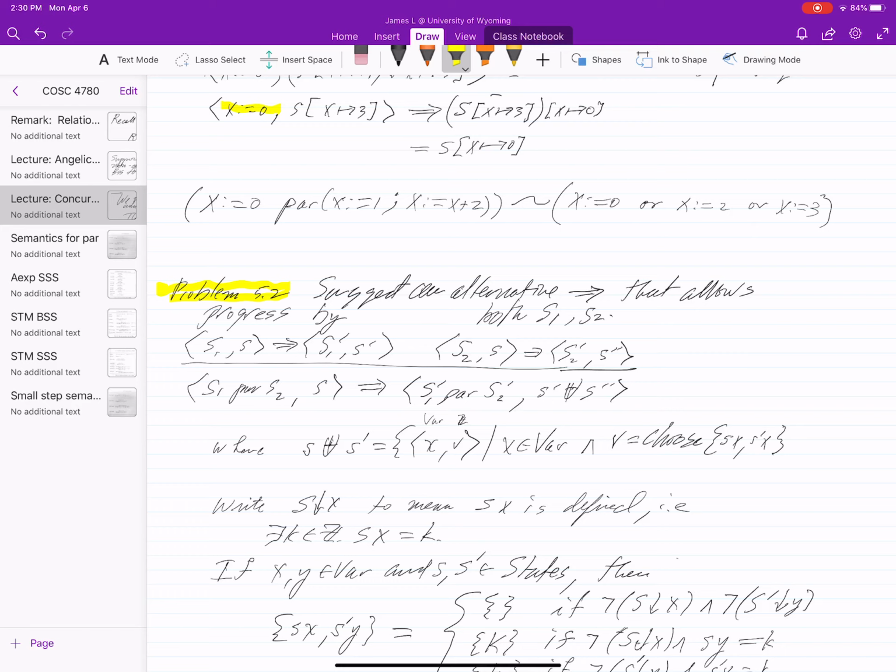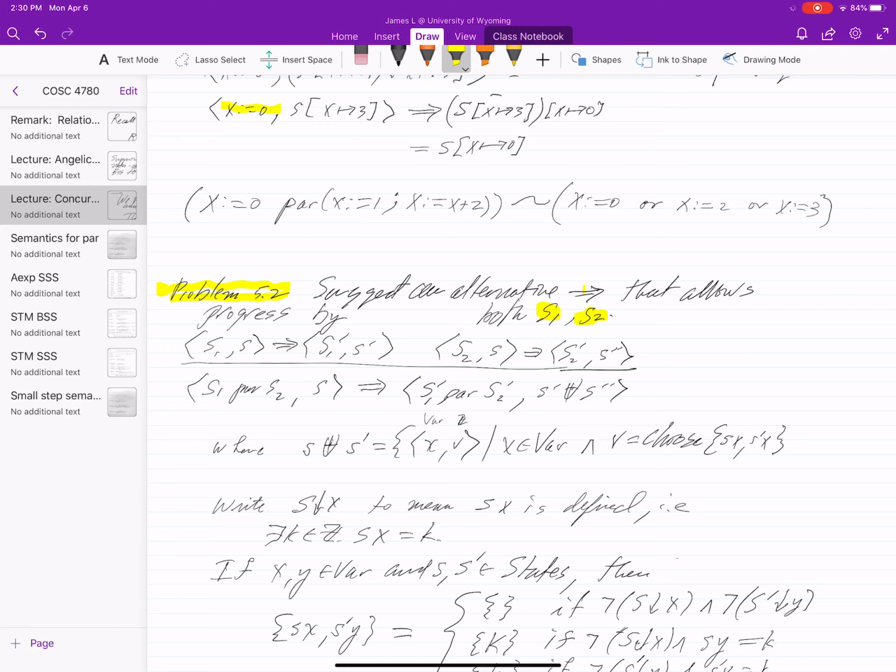So my first idea was this. The idea is to suggest an alternative small step semantics for PAR that allows both S1 and S2 to make progress.